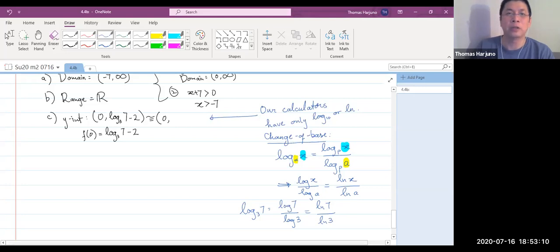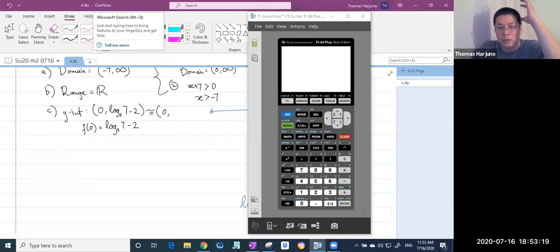Now let me show you the calculator. Let me use natural log 7. This is still in the parentheses, so I need to close it and then divide. Remember to close that 7. So that's the log on top, divided by the natural log of 3 at the bottom, close it.